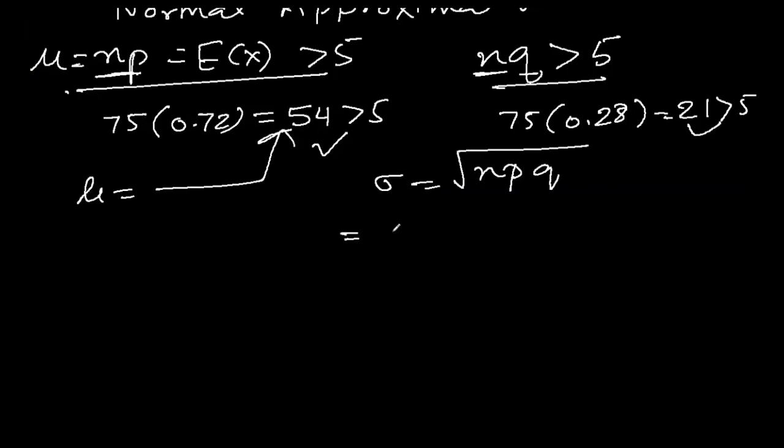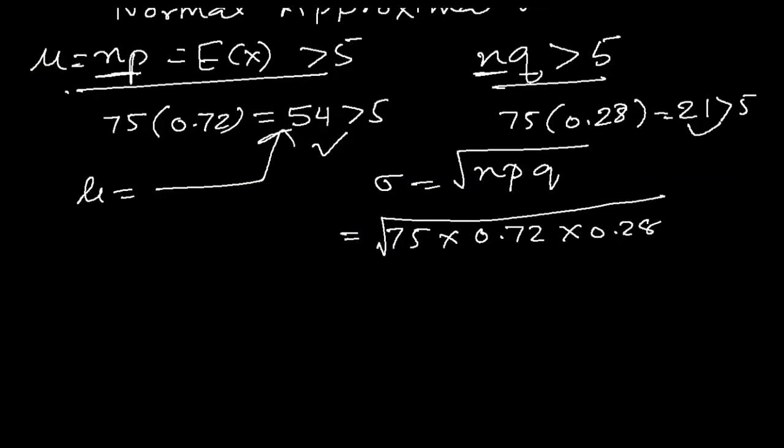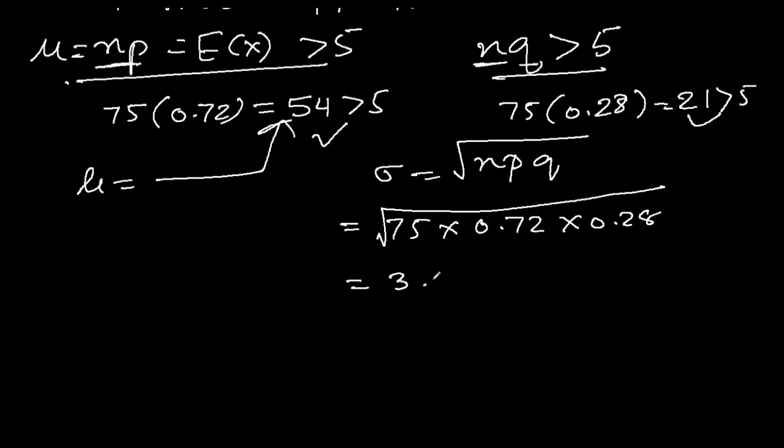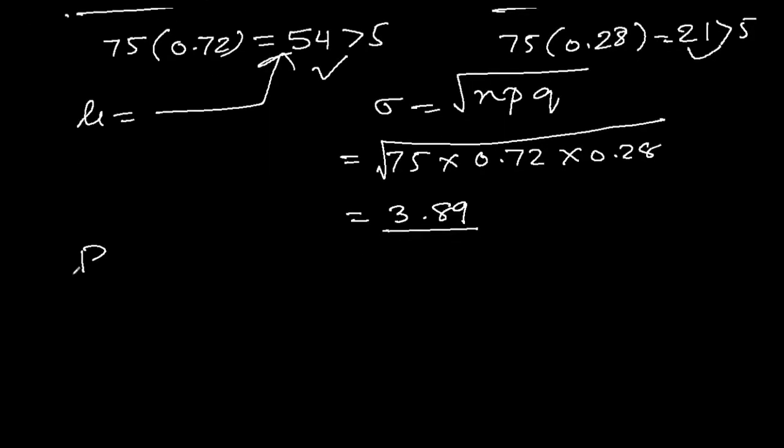So let's carry it out. 75 times 0.72 times 0.28 and square root it, which is 3.89. Now we have a mean, we have a standard deviation. Now our original question was the probability of x less than 24.